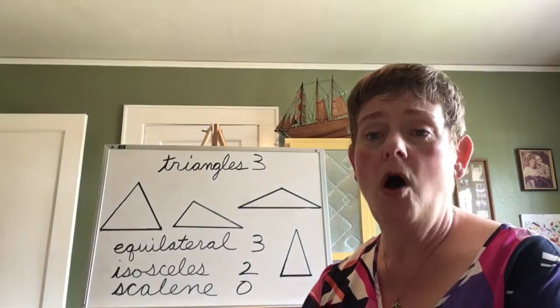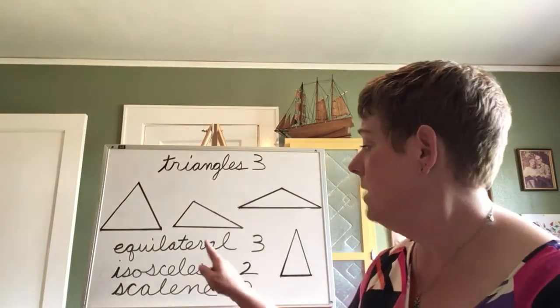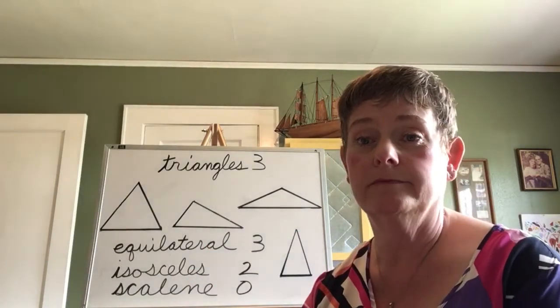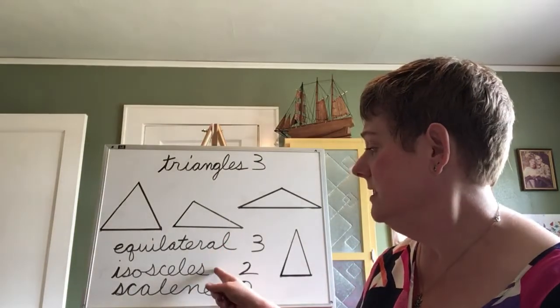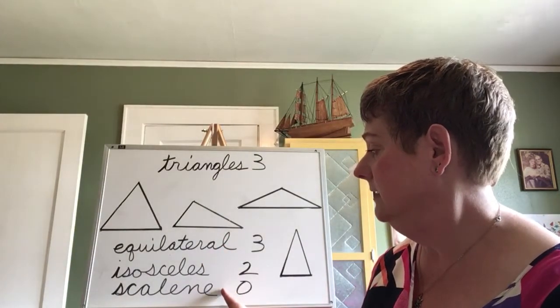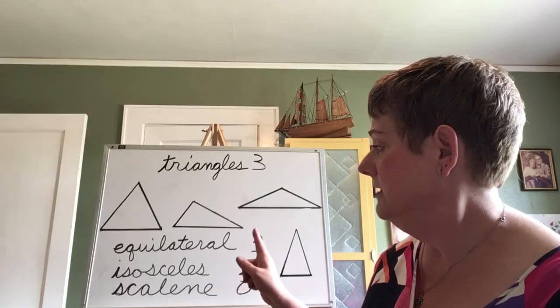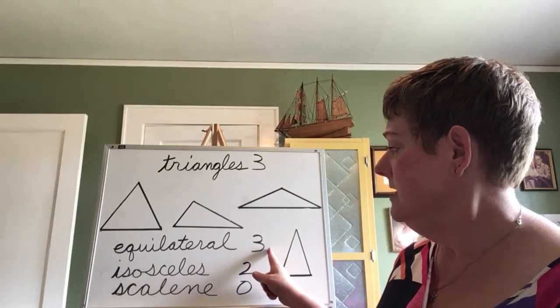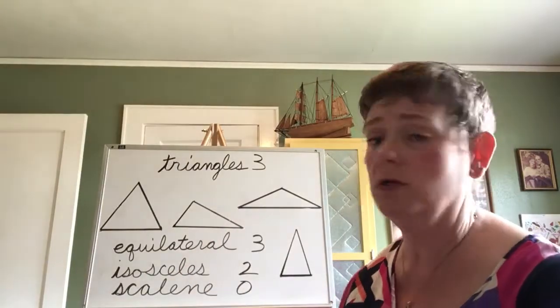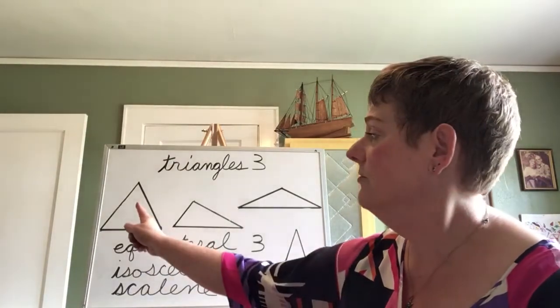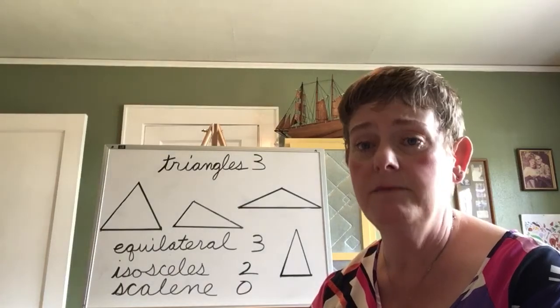Here you might want to pause the video so you can write down these words: equilateral, isosceles, and scalene. And I put a 3 next to the equilateral to remind us that equilateral triangles have 3 sides that are the same length.